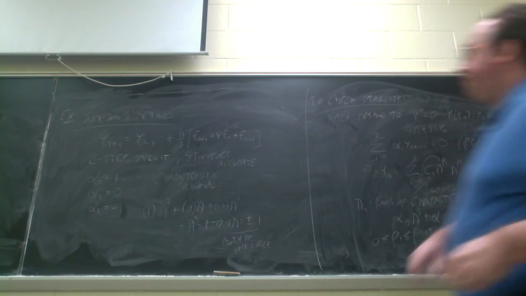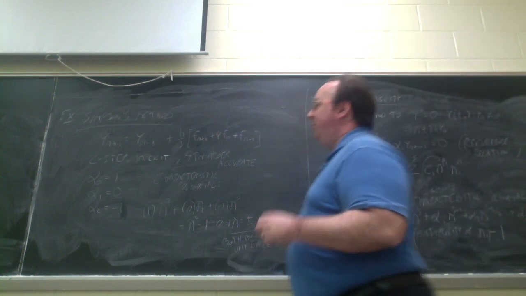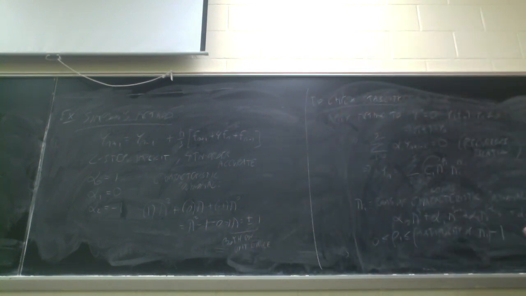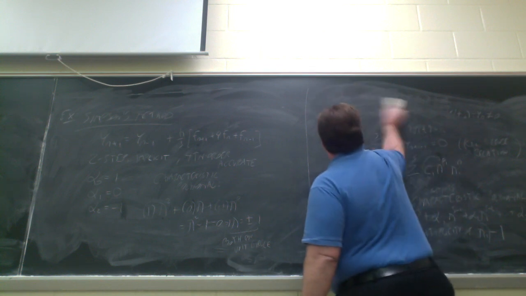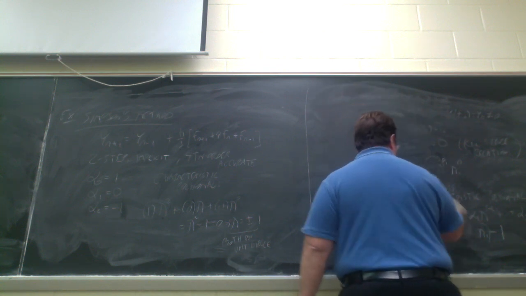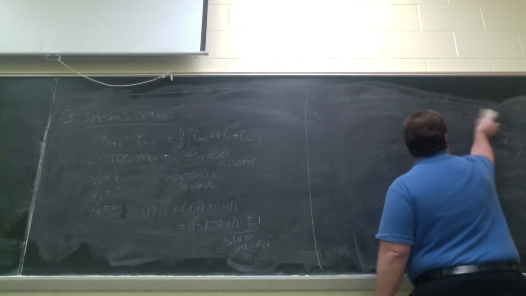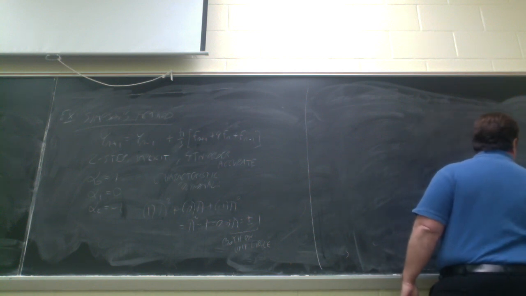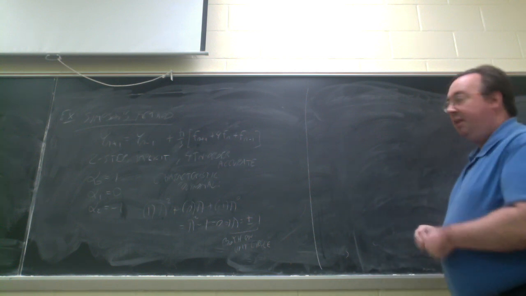So now with any method, one step or multi-step, what we really want is convergence. We would talk about consistency and stability, but the same rule of thumb applies as for one-step methods.